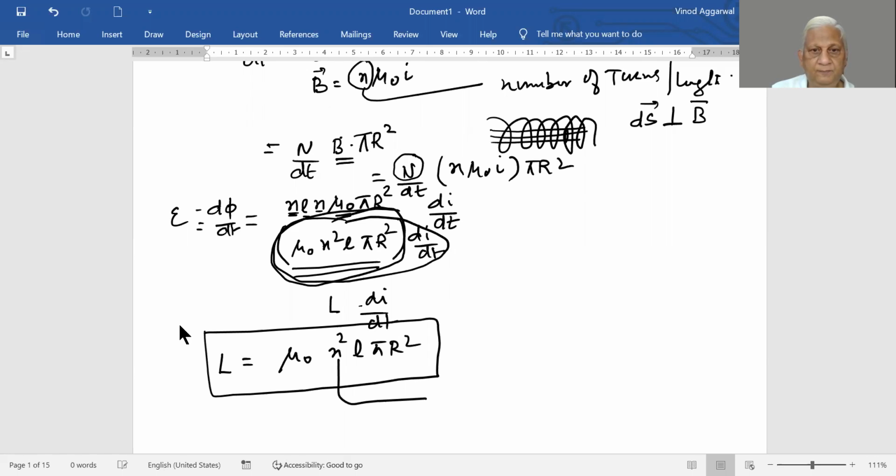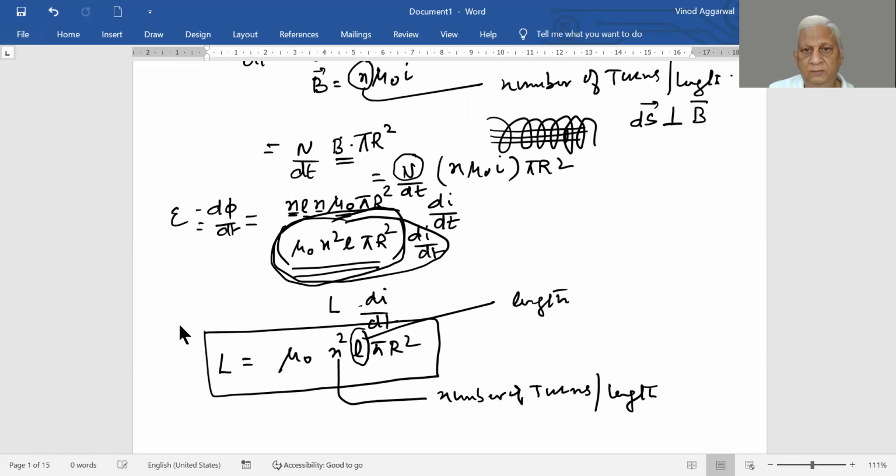where n is the number of turns per unit length, l is the length of the solenoid, and r is the radius of the solenoid.